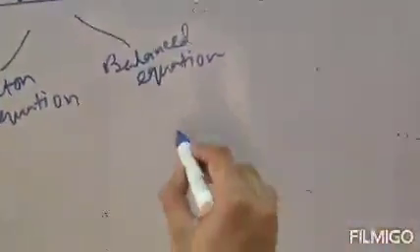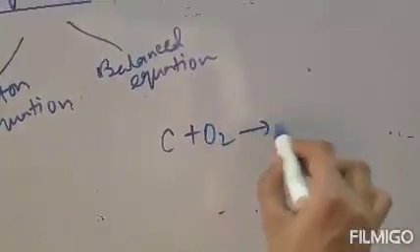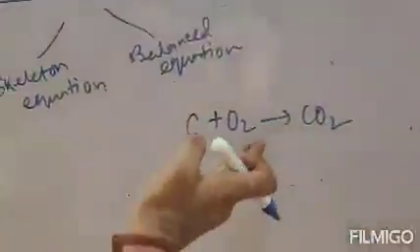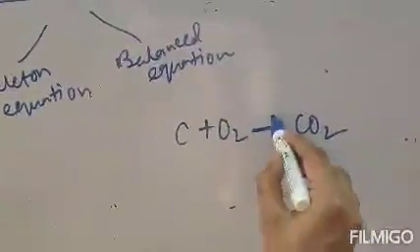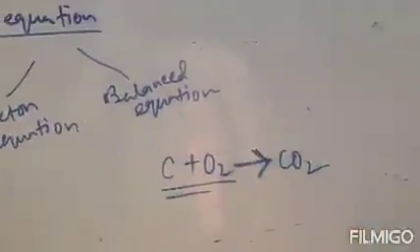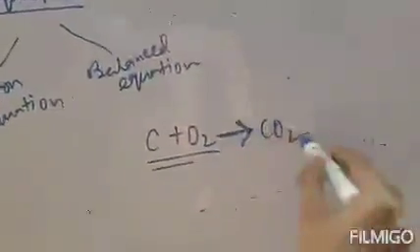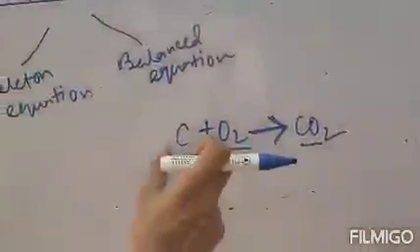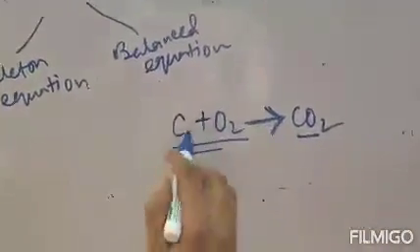Clear? So see, this is a chemical equation, C plus O2 gives CO2. The left side of this arrow is termed the reactants and the right side of this arrow is termed the products.